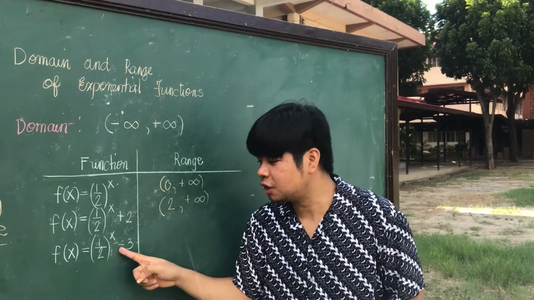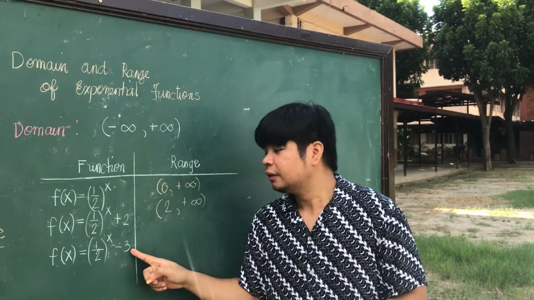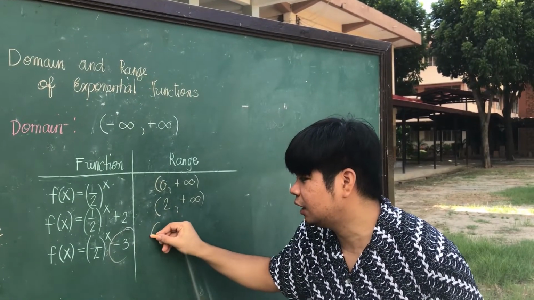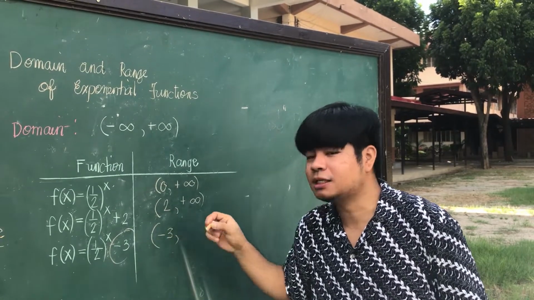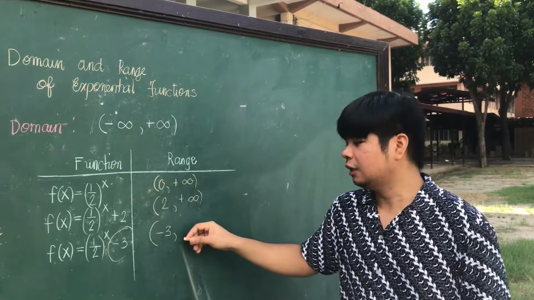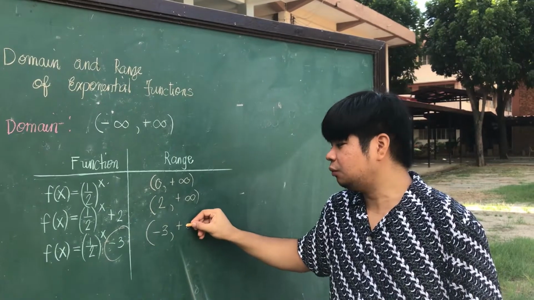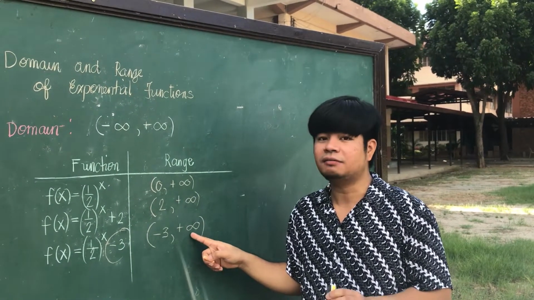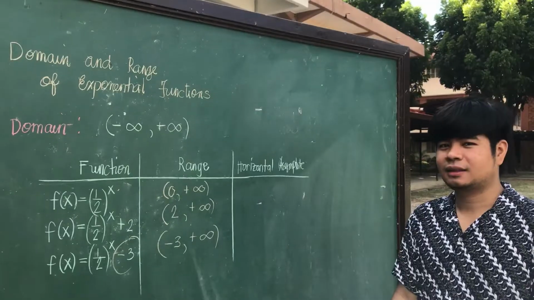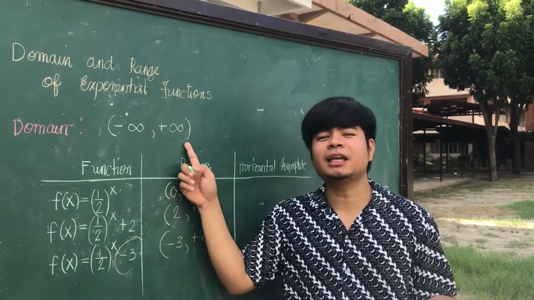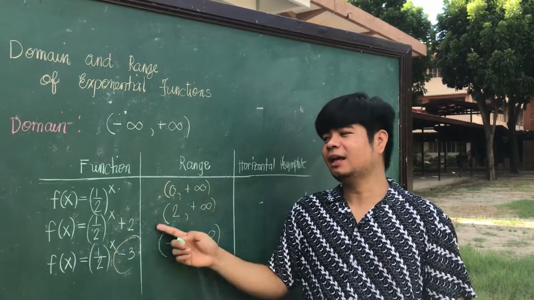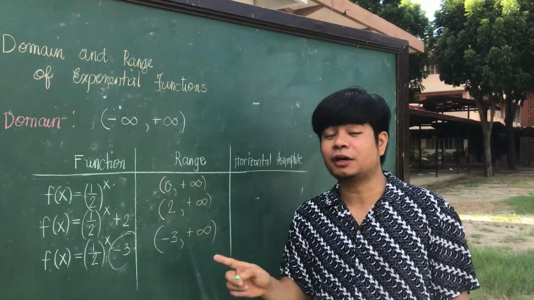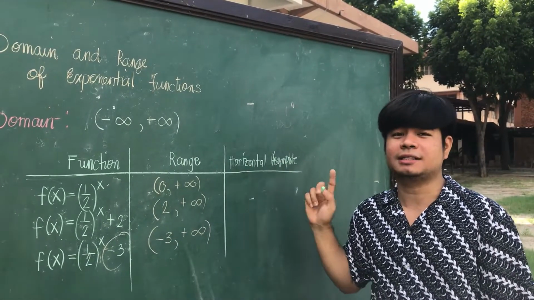But when you subtract 3, this negative 3 here will never be a possible value of y, and it means to say that y will increase from negative 3 and go to positive infinity. Remember that the domain is a set of all real numbers, and the range will be very relevant for us to determine the horizontal asymptote.